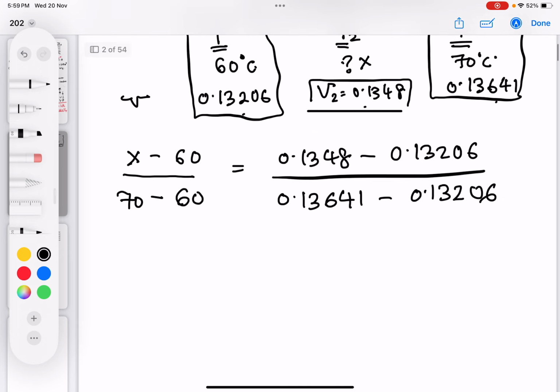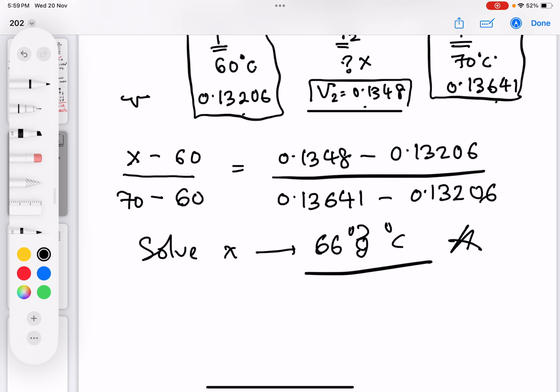And then I'm going to solve for X. So solving for X, I should get the value of 66.3 degrees Celsius. So this is my answer.